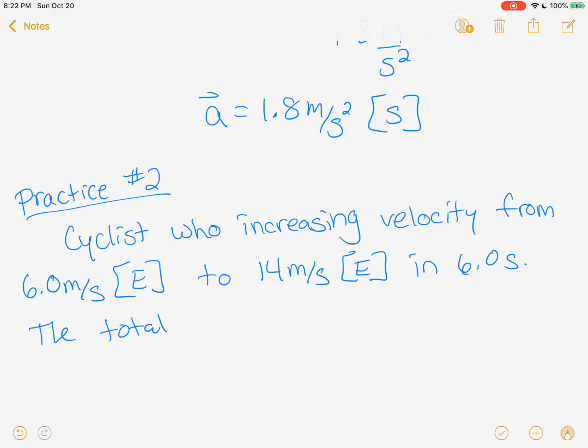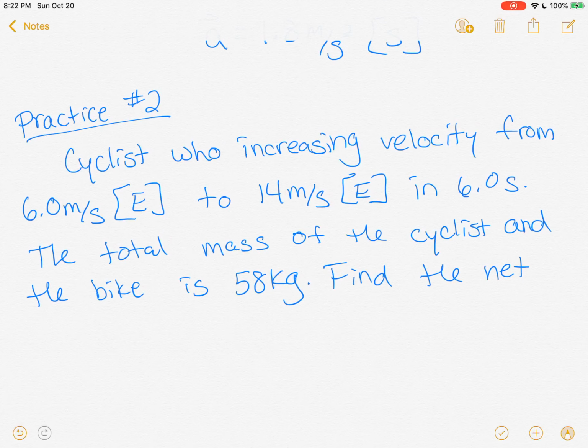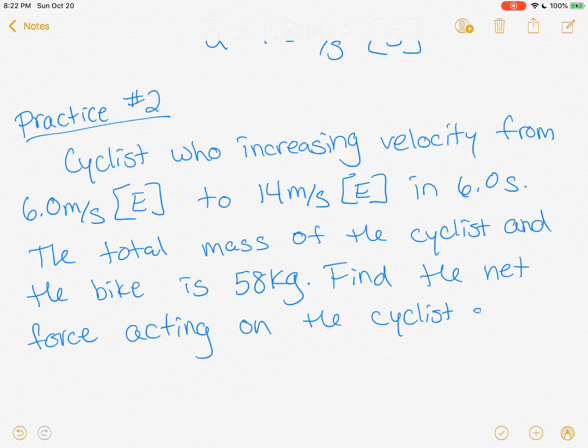The total mass of the cyclist and the bike is 58 kilograms. Find the net force acting on the cyclist and the bicycle.